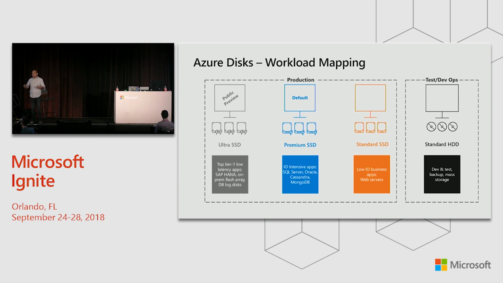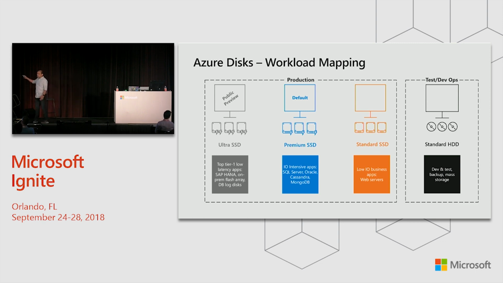That will include the things that you typically run on on-prem SAN arrays and so on. For premium SSD, it is the default choice. Most of your production workloads will map into that disk. That will include any enterprise database application, I/O intensive enterprise workloads that need low latency and consistent performance.